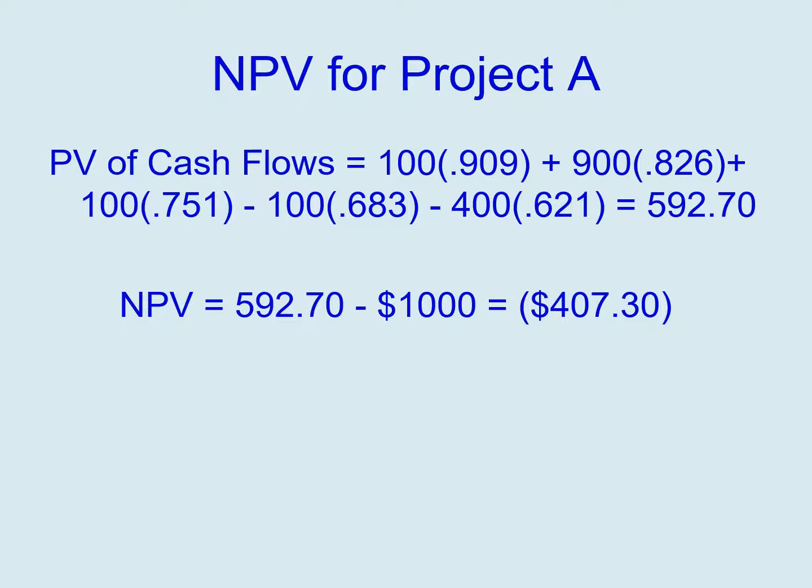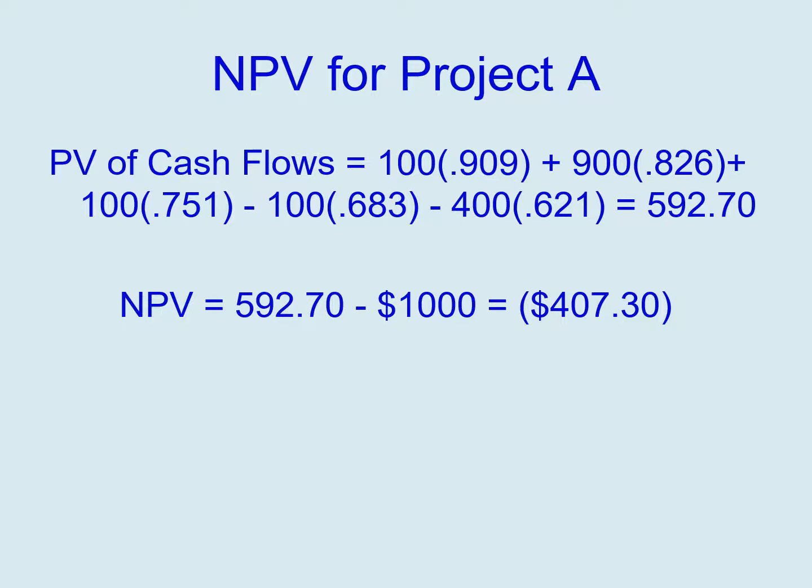So according to our formula, we take the present value of the cash inflows, which is $592.70, minus my initial investment, and I have a negative NPV of $407.30. So again, since it's below 0, we would prefer to reject the project.